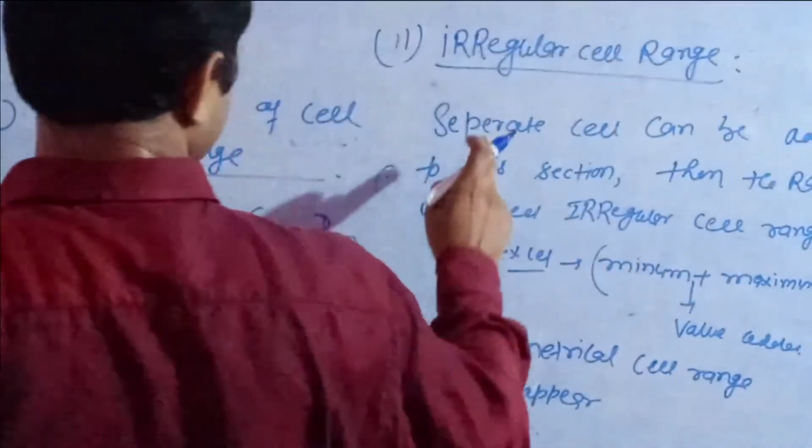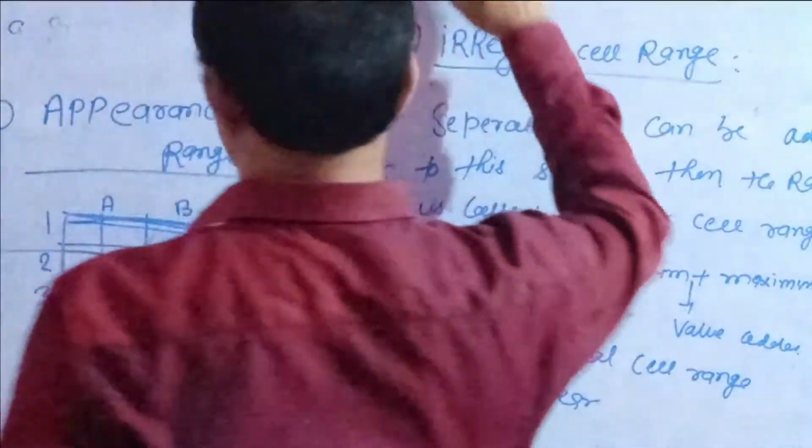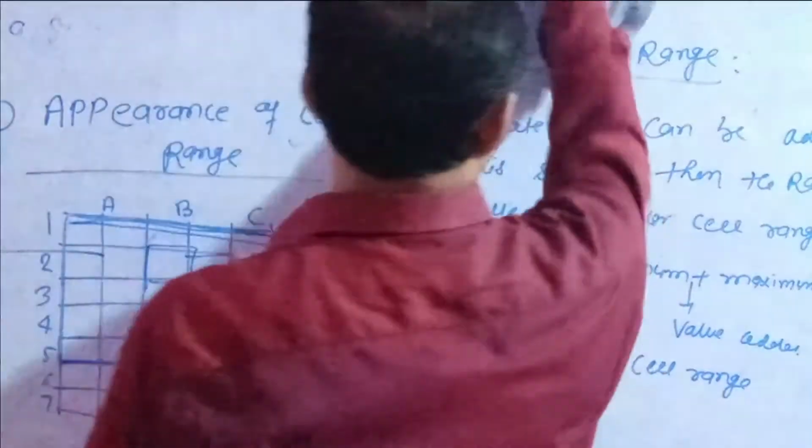Second, irregular cell range. Again I draw the picture.